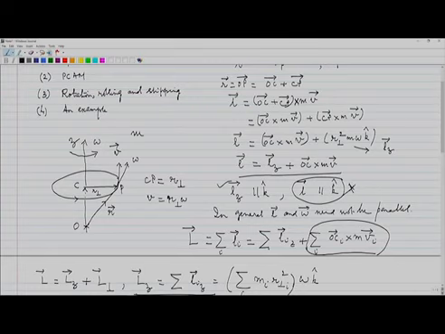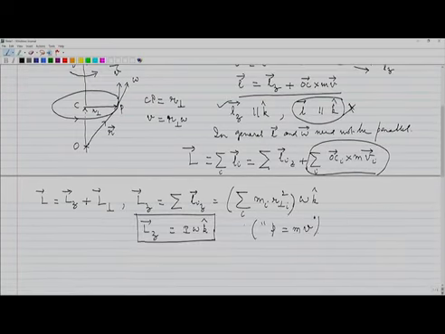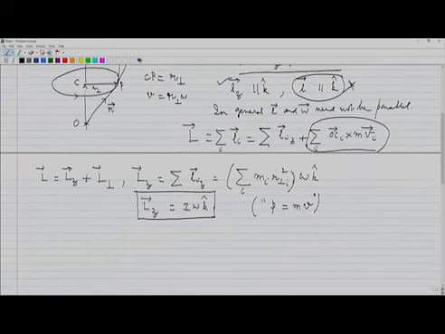If it is a symmetric body, given this axis, if there is a velocity in this direction, there is going to be another particle diametrically opposite at the same distance with a velocity minus v_i. Therefore, these two components will cancel, so you are left with L perpendicular equal to 0.